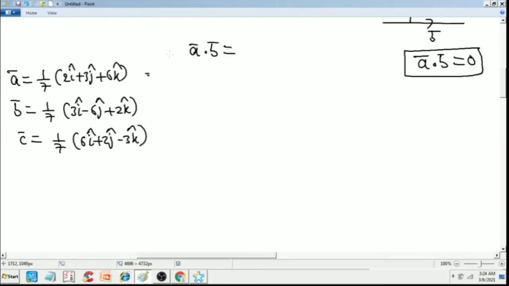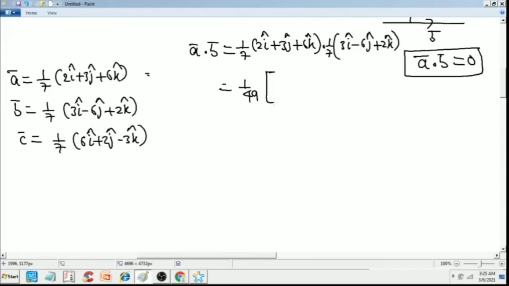A dot B is equal to 1 by 7 into 2i plus 3j plus 6k, dot product with 1 by 7 into 3i minus 6j plus 2k. Now 7 times 7 is 49. Here 2 into 3, 3 into minus 6, 6 into 2.